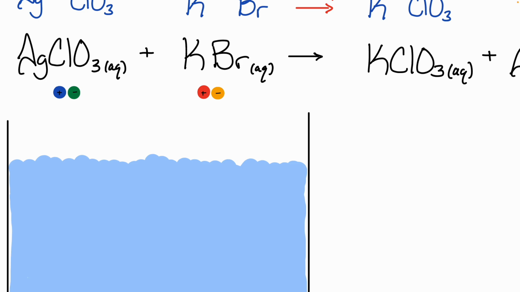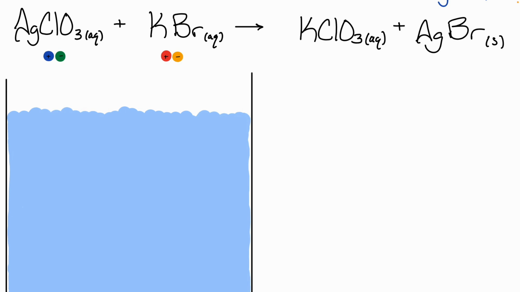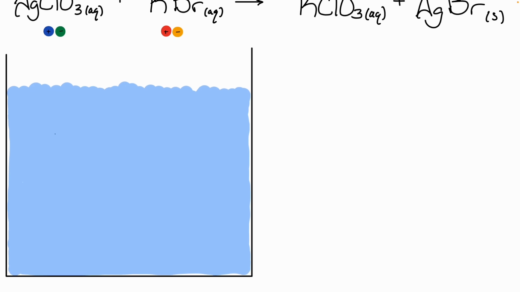Cool, so I take this silver chlorate and I add it to my solution here. What's going to happen to that ionic bond when I dissolve it into water? It's going to dissociate, absolutely. So I'm going to have my silver ions floating around, and my chlorate ions floating around, but they're no longer bound to one another.